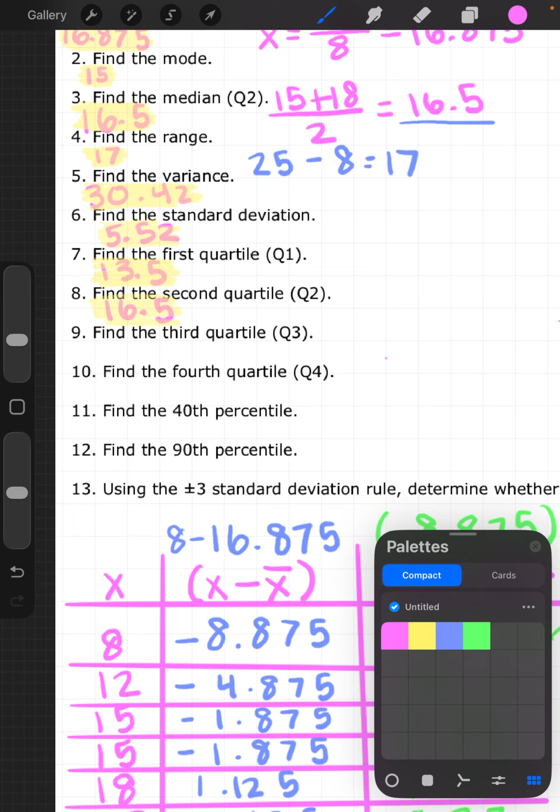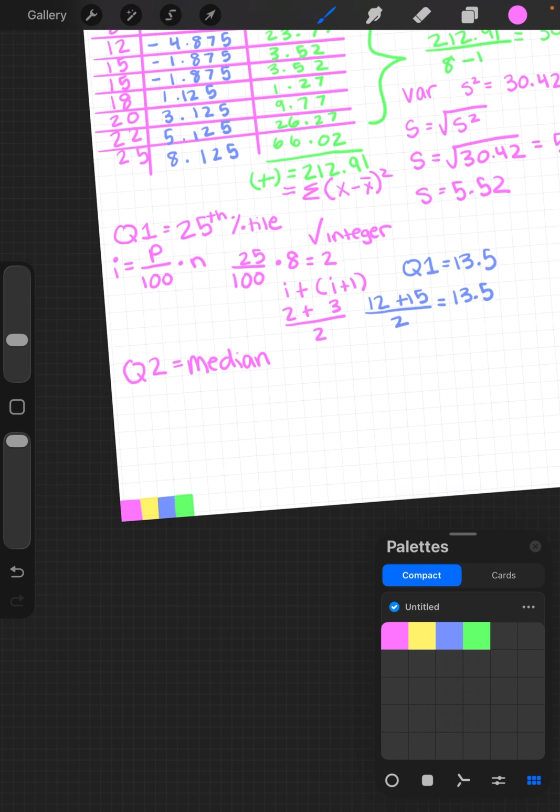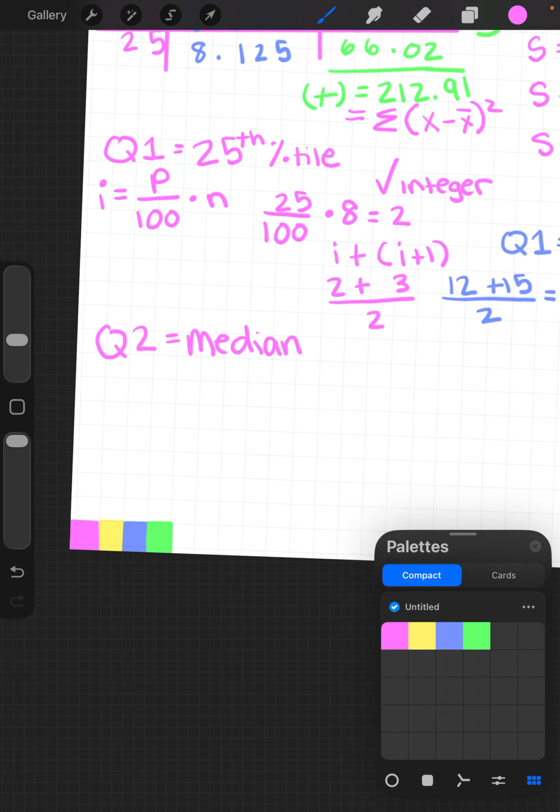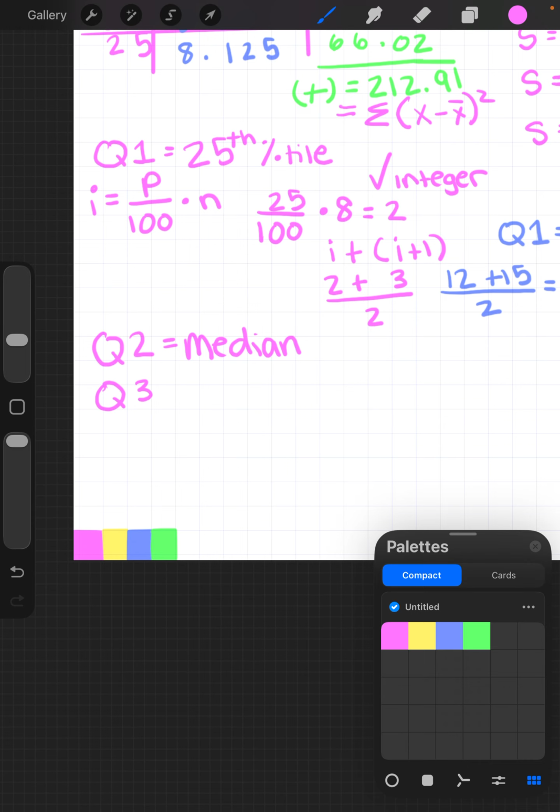Okay, now we can do the third quartile. And the third quartile is the 75th percentile. So I will equal 75 over 100 times 8, which is equal to 6. And 6 is an integer.